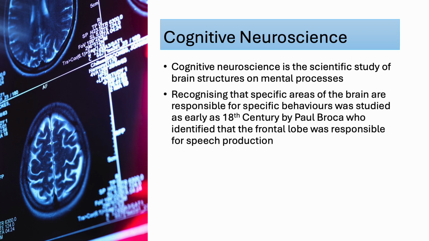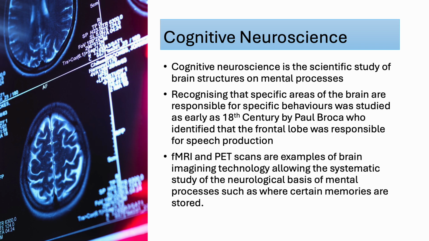So it is about recognising specific areas of the brain and specific behaviours that they are linked to. So, for example, as early as the 18th century, you had Paul Broca, who identified where in the brain was responsible for speech production, and that is the frontal lobe, specifically Broca's area, which he named after himself.